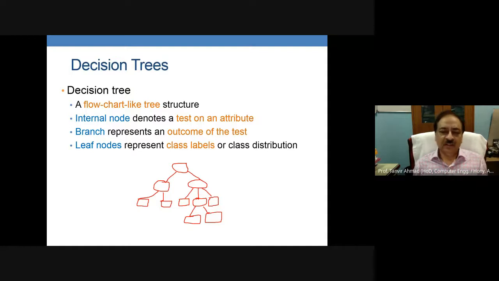Now this is the leaf node. These are all the leaf nodes, whereas these are the internal nodes.